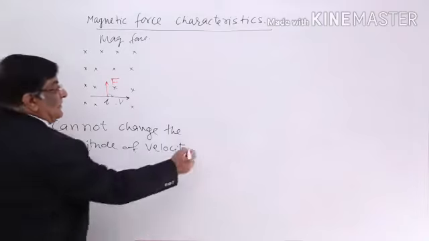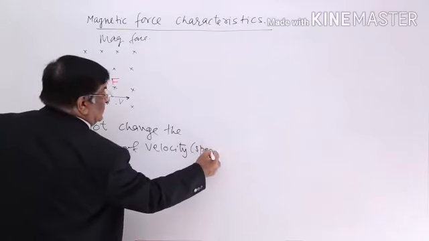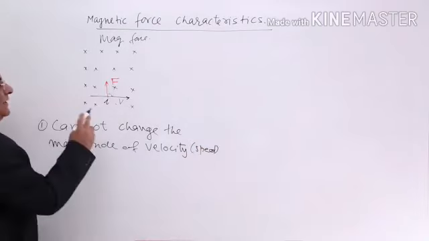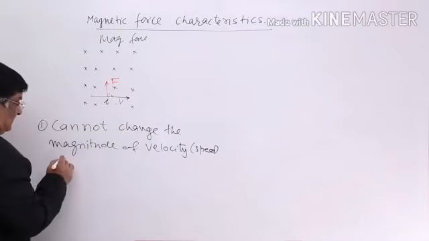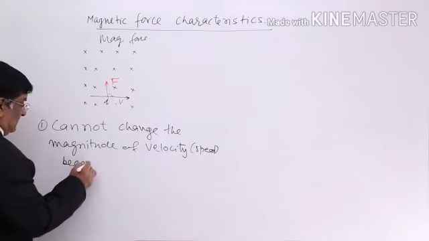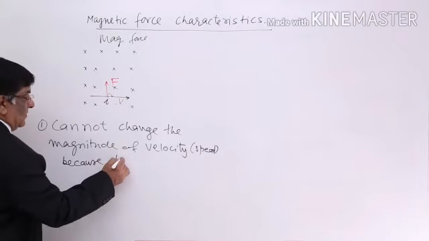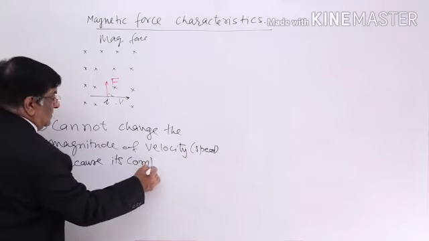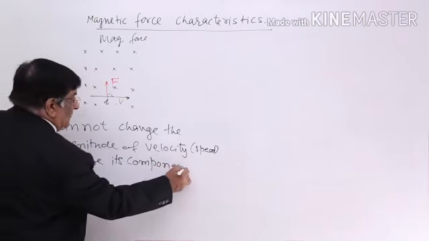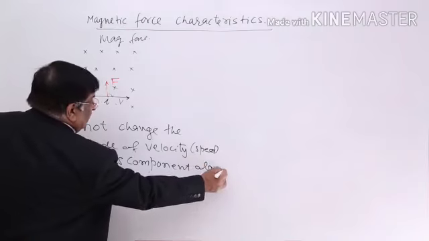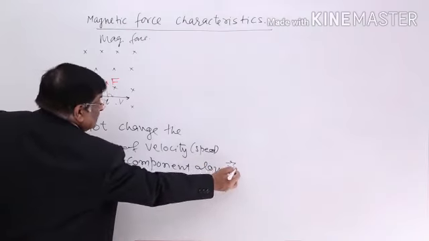That means speed. It cannot change the speed. And you know because its component along V is 0.